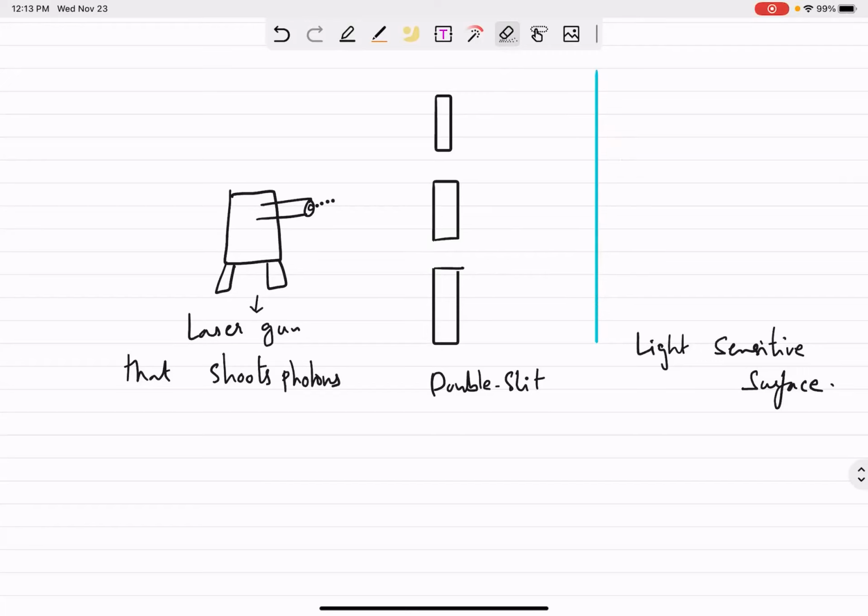Now I put two holes, but I'm shooting photons again. Again, light sensitive surface. Guess what happens? No one can guess. If you're guessing, then you've seen the answer. So what you get is one of the weirdest things ever, which is you don't see this bimodal thing. What you see is something like this.